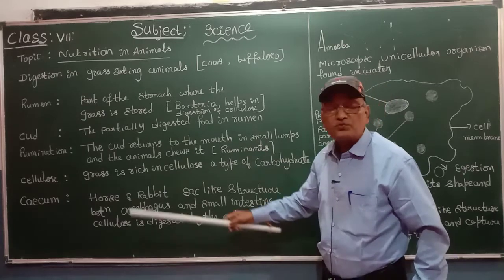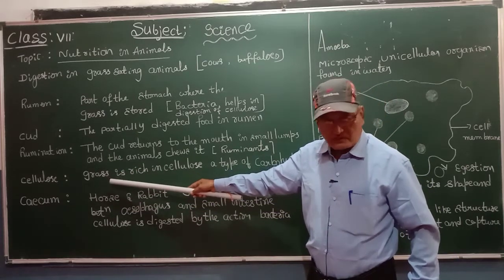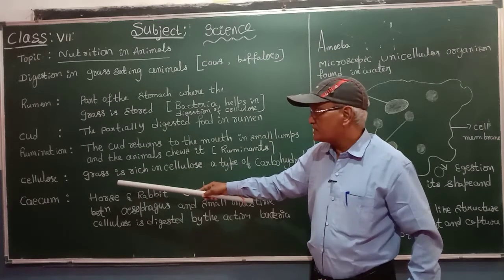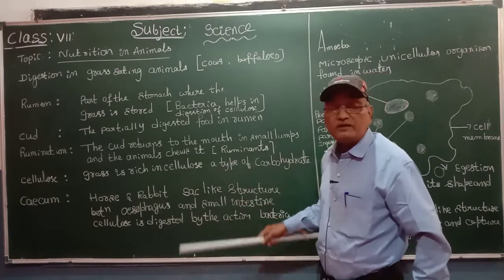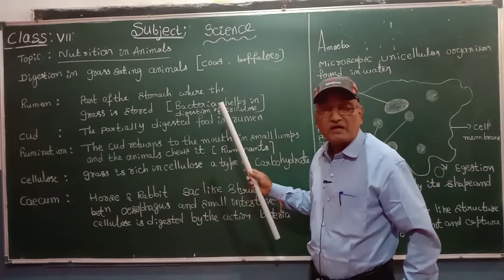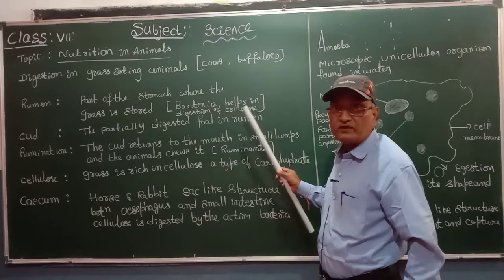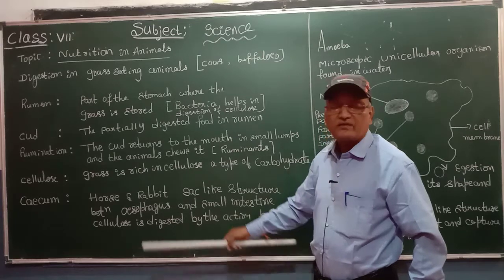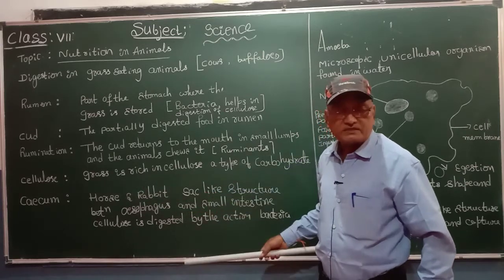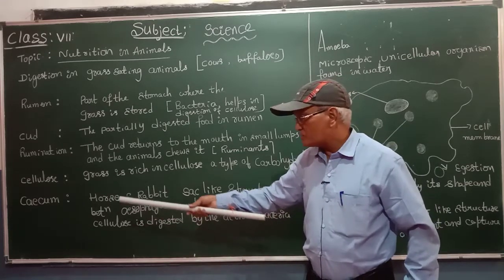The grass they eat is very rich in cellulose. Cellulose is a type of carbohydrate that is digested with the help of bacteria. Some bacteria present in the rumen help in the digestion of cellulose. Some other animals like horses and rabbits have a sac-like structure, we call it a cecum.